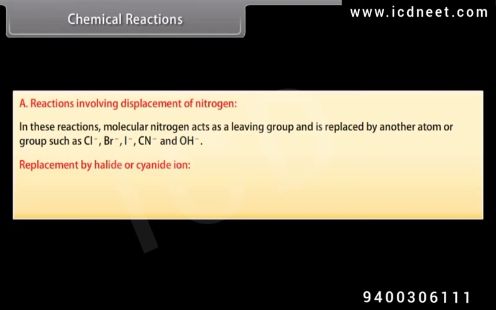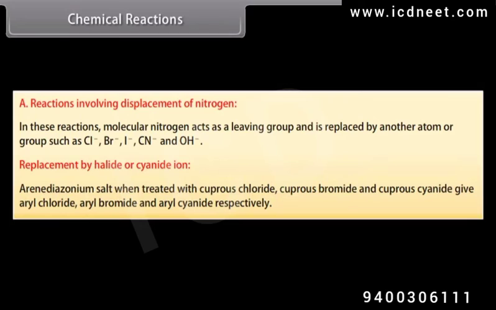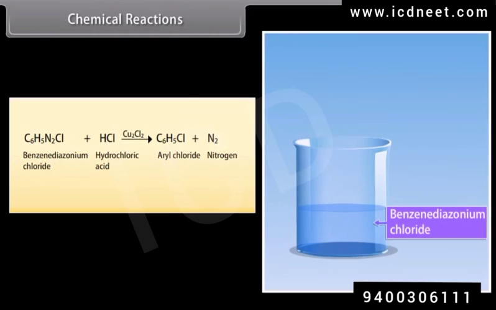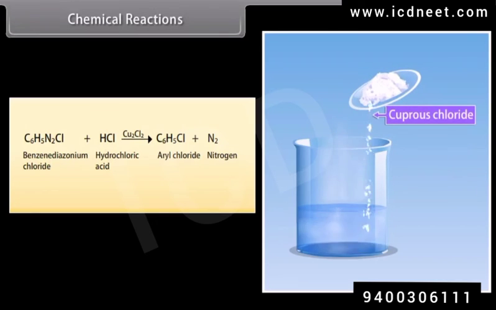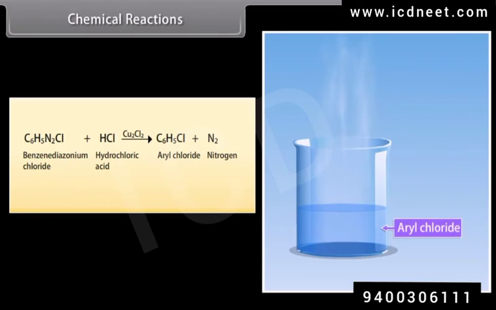Replacement by halide or cyanide ion. Arene diazonium salt, when treated with cuprous chloride, cuprous bromide, and cuprous cyanide, gives aryl chloride, aryl bromide, and aryl cyanide respectively. Benzene diazonium chloride reacts with hydrochloric acid and cuprous chloride to yield aryl chloride and evolves nitrogen gas.